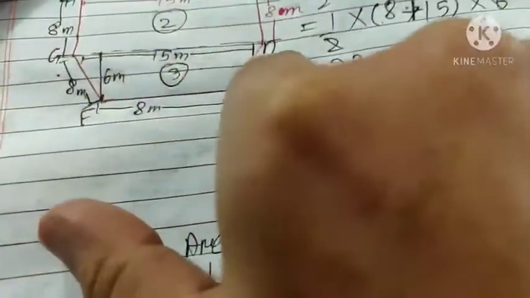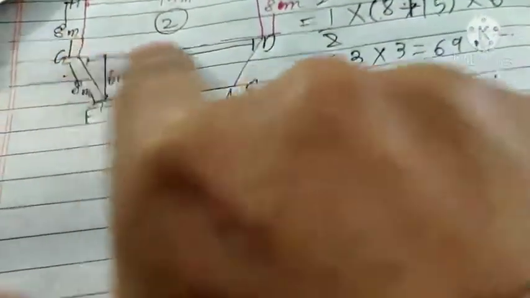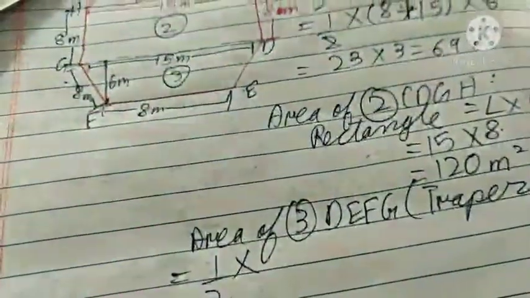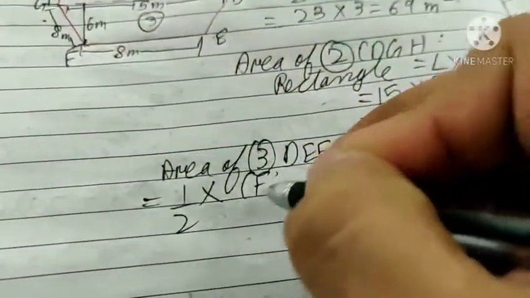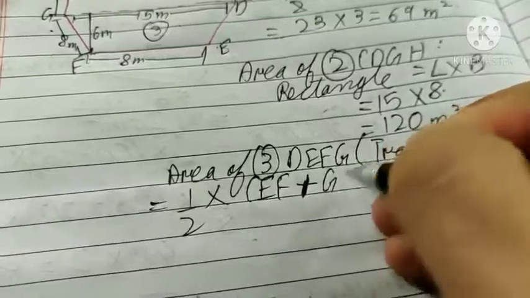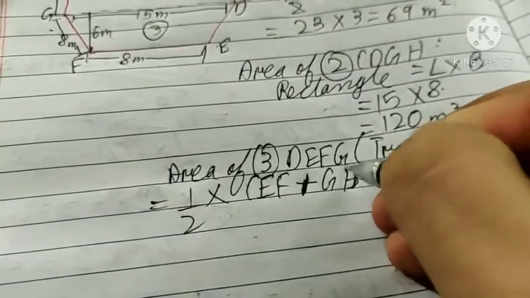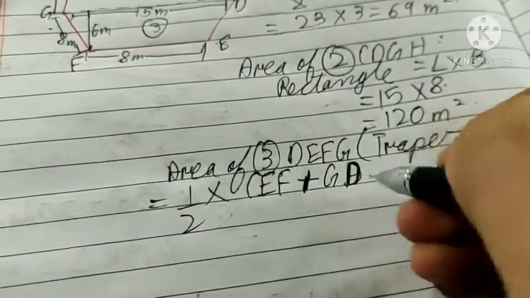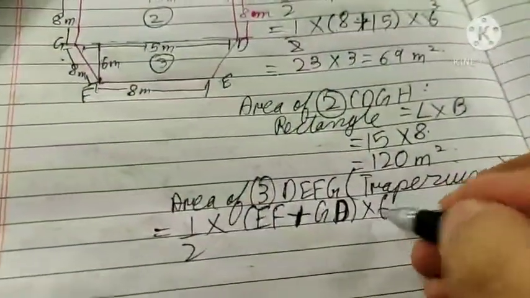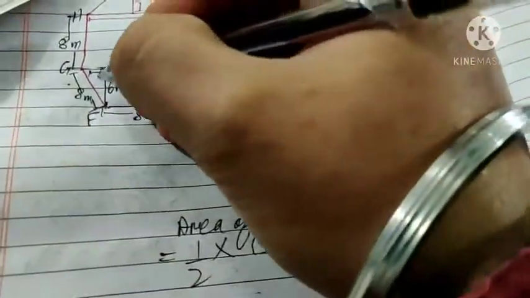EF and GD are the parallel lines, as whenever they are extended, they will never intersect. So EF and GD, into its height is 6. Height, that is the distance between parallel sides, is given as 6.